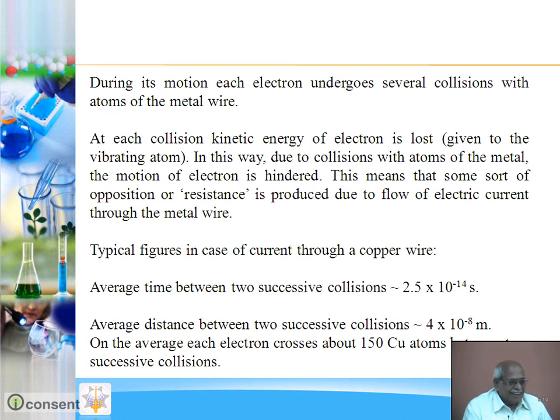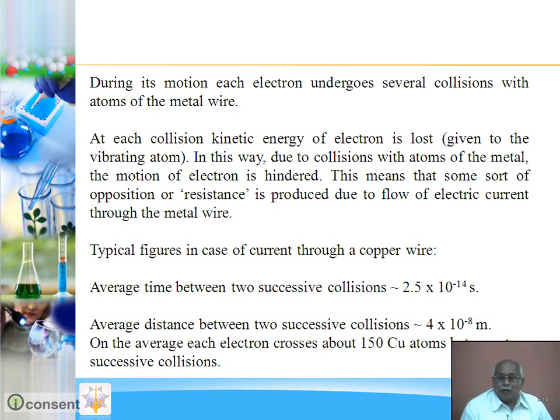These things are related. In fact, resistance arises because of random motion of free electrons. So let us once again come to electric current in a conductor. When a potential difference is present between two ends of a conductor, it does not happen that electrons travel from one end to other end along a straight line path.